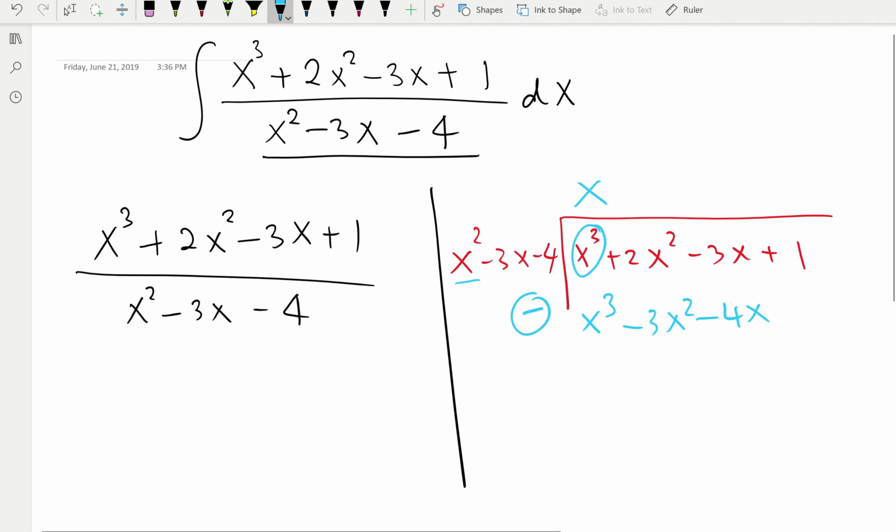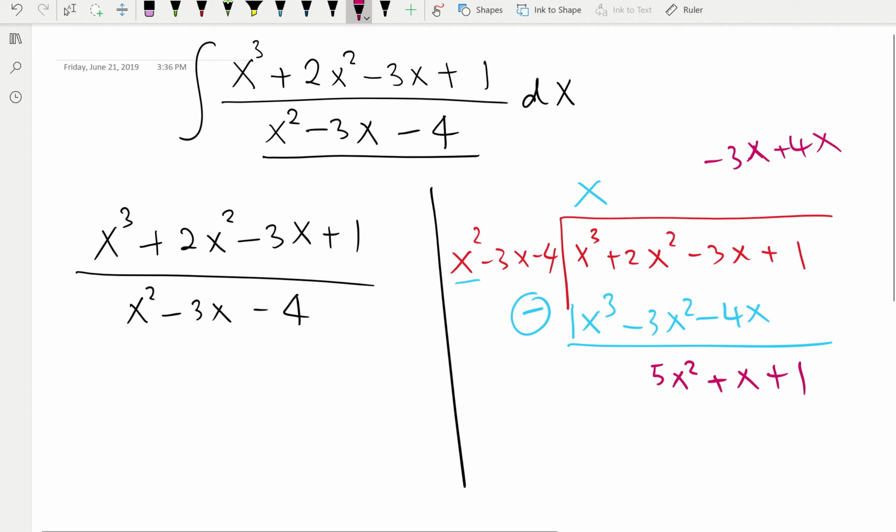Now we subtract, right? I will do this very fast because you have already seen this. If you subtract, x cubed cancels out, 2x squared minus negative 3x squared gives you 5x squared, minus 3x minus negative 4x will be plus x, and 1 comes for free.